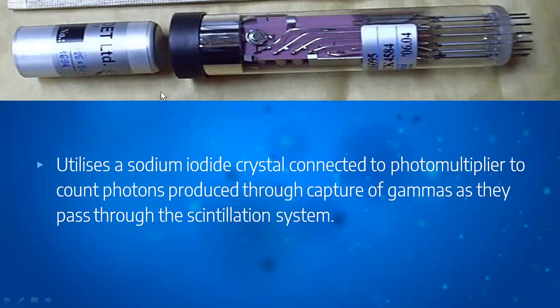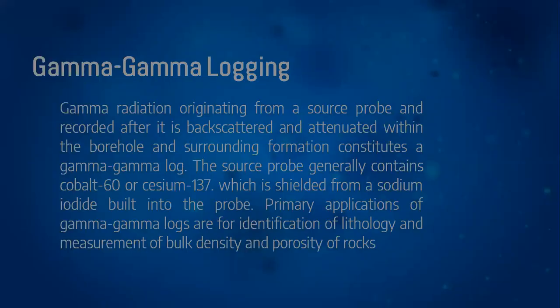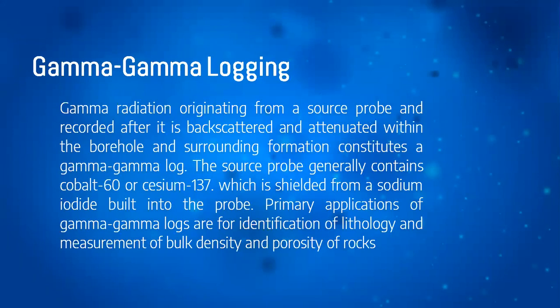It has a vessel of sodium iodide crystals connected to a photomultiplier to count the photons produced through the capture of gammas as they pass through the scintillation system. Next one is the gamma-gamma logging.